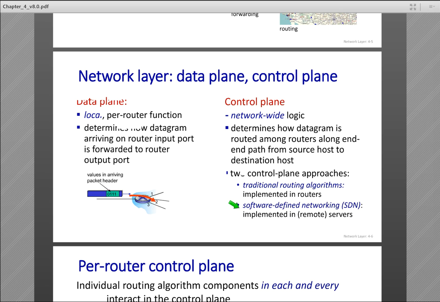Each of those routers will do this. But in SDN, instead of routers, we have one or two servers in the network. Those servers will think about the paths, the routes in the network.